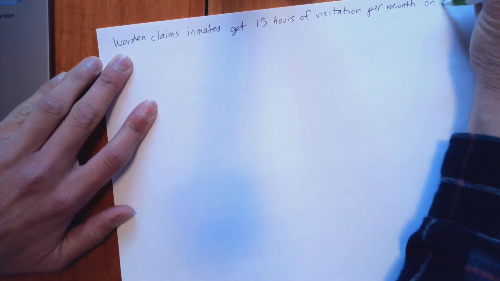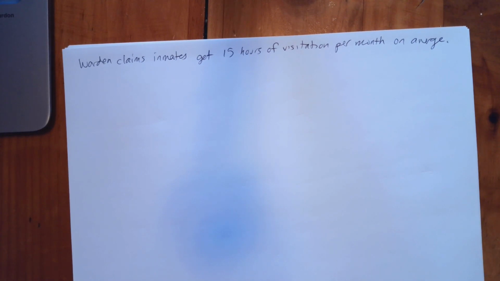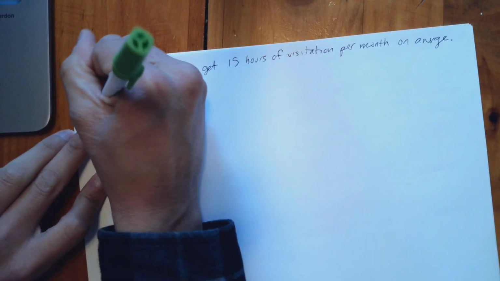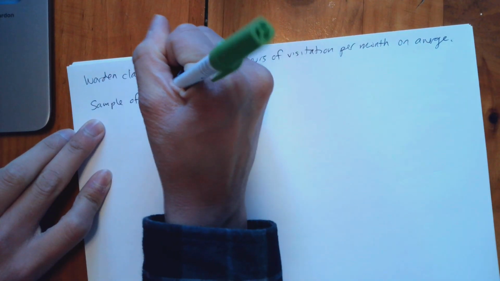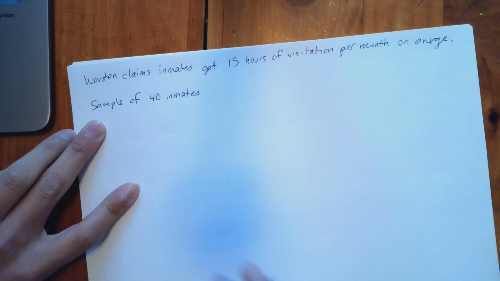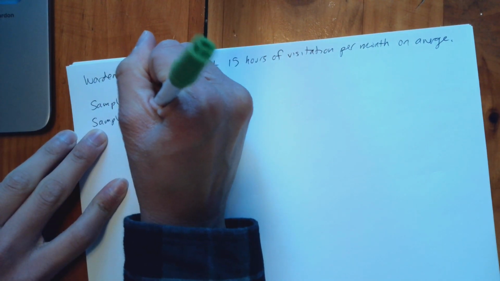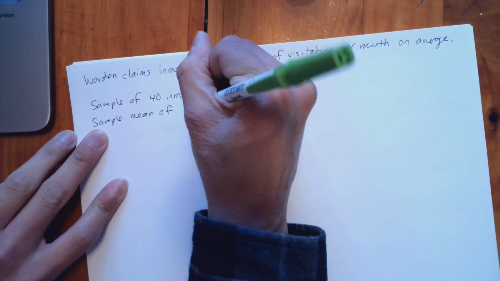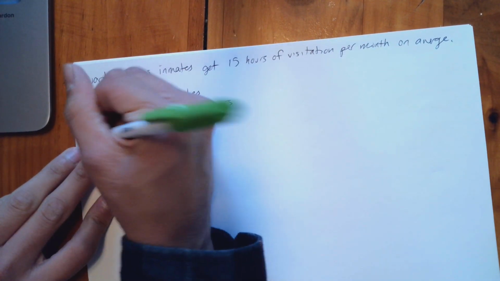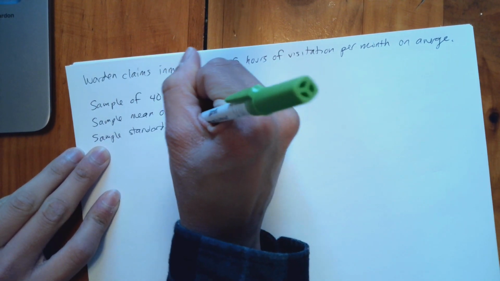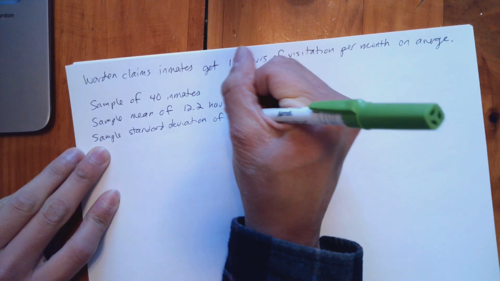So what we have here is a statement about something that might be true in the population. We're going to say that you take a sample of 40 inmates, and you find that there is a sample mean of 12.2 hours and a sample standard deviation of 4.9 hours.